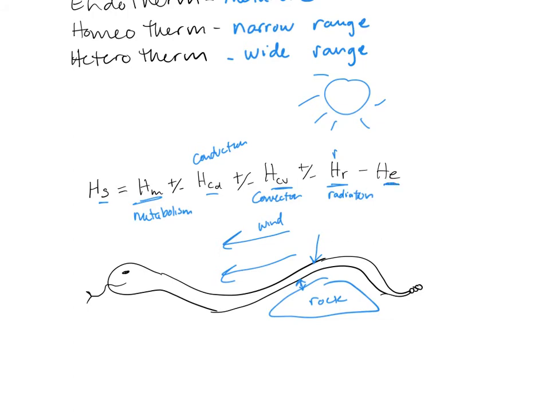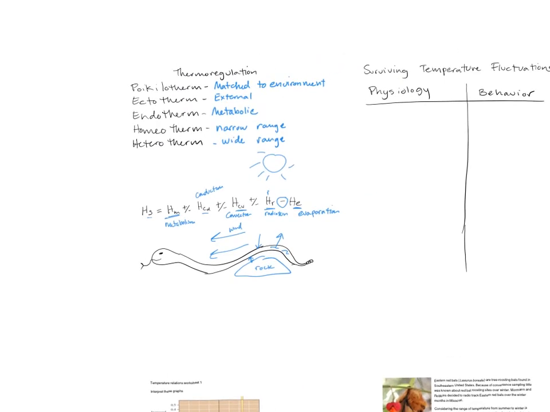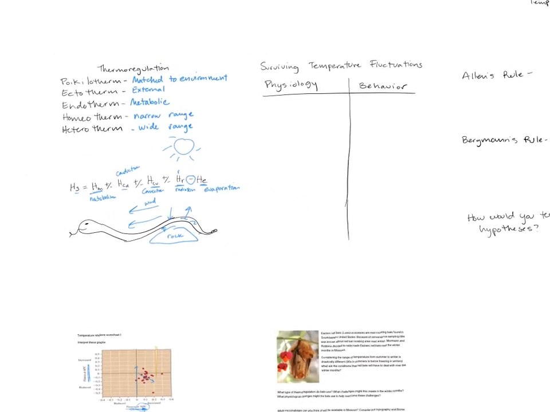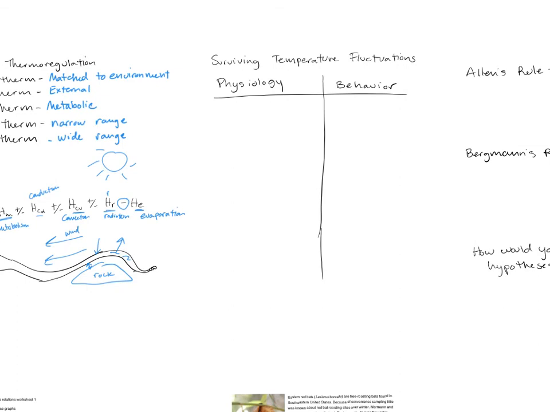And the last one, this is always negative. This is heat loss due to evaporation. Evaporation will never gain heat. So if there's water on an individual, as it evaporates, it takes off heat. Snakes don't sweat, so it might do this as it gets in the water and then gets out of the water, but other animals can sweat. So all these things then make up the heat equation of individual species.